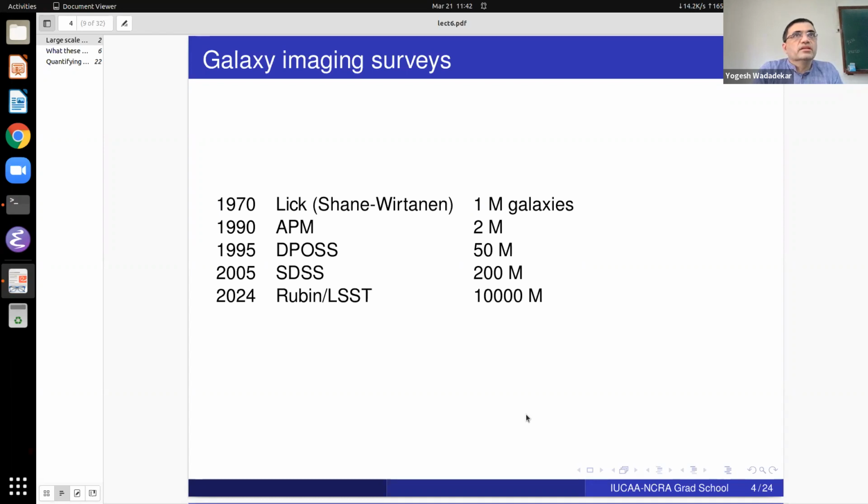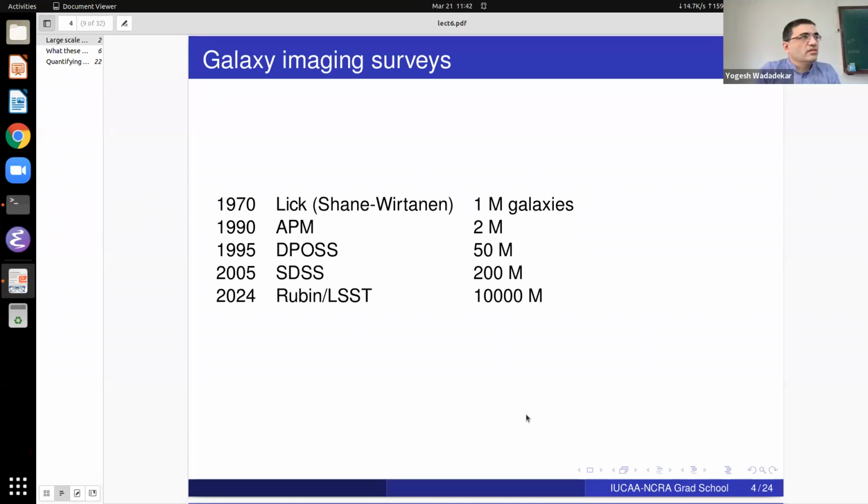There is going to be the Rubin telescope and the Large Synoptic Survey. Actually, it's now called the Legacy Survey of Space and Time, a synoptic survey with the Rubin Observatory, and that is going to detect a sample of 10 raised to 10 galaxies, so 10 billion galaxies.